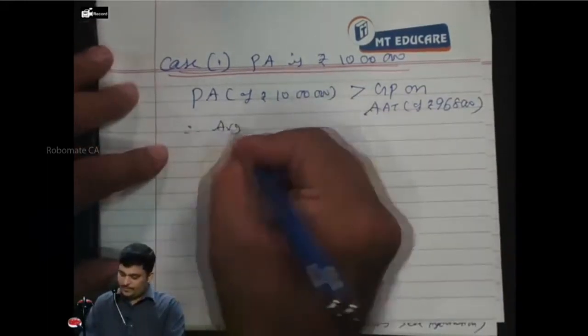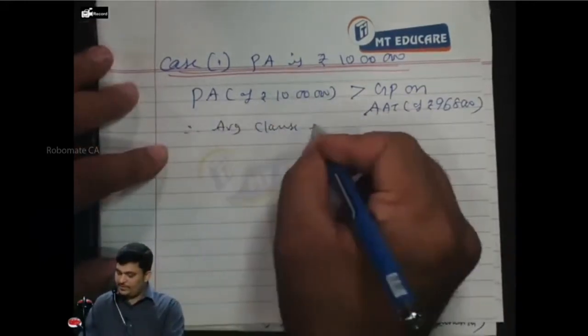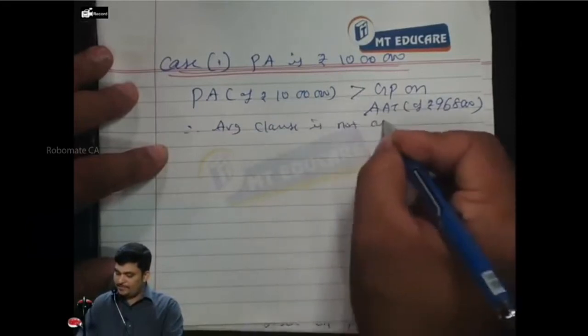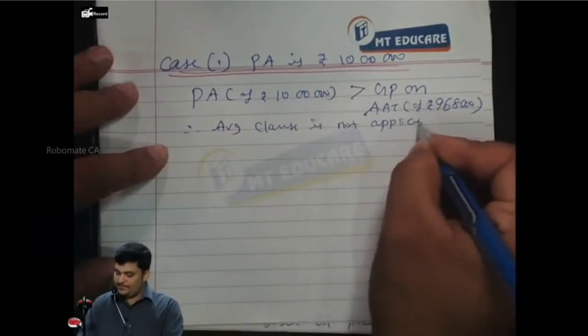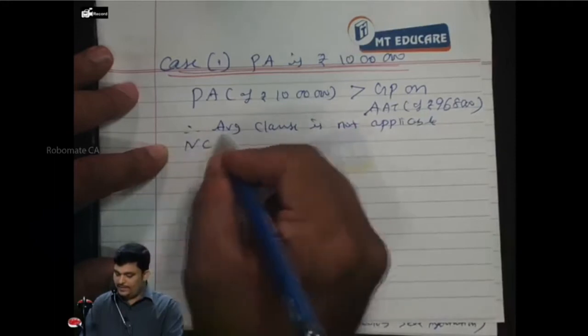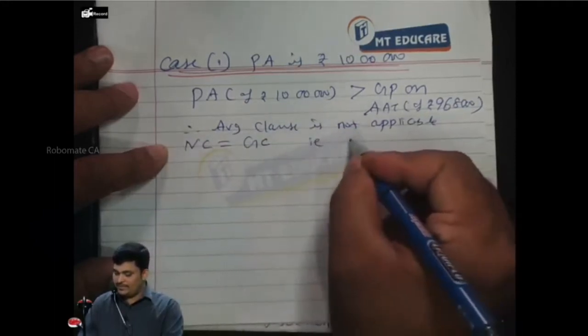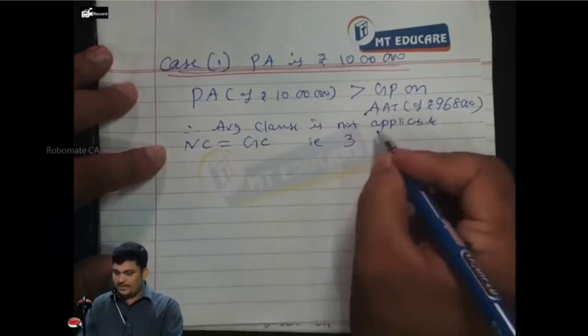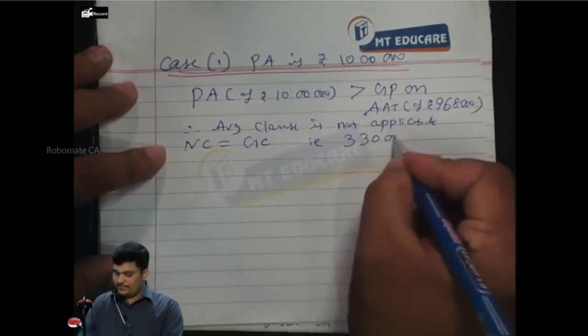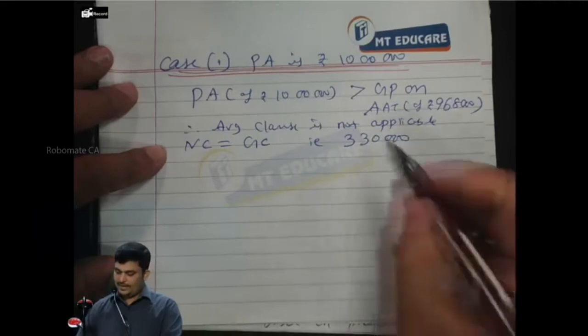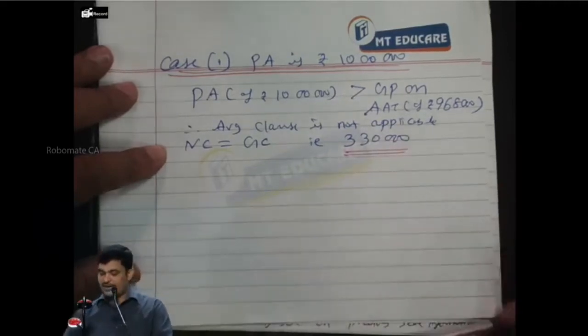Therefore, average clause is not applicable. So net claim is nothing but the gross claim, that is 3,30,000. Claim amount is only 3,30,000, not 9,68,000.